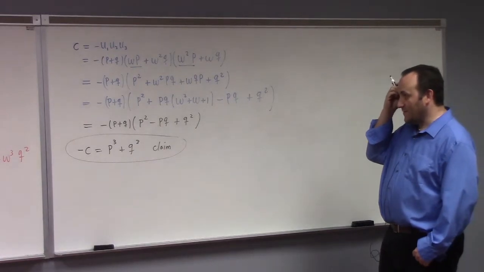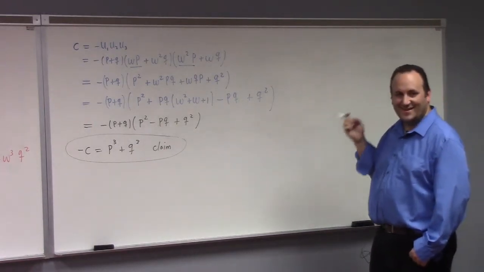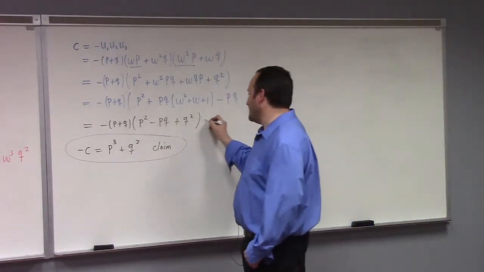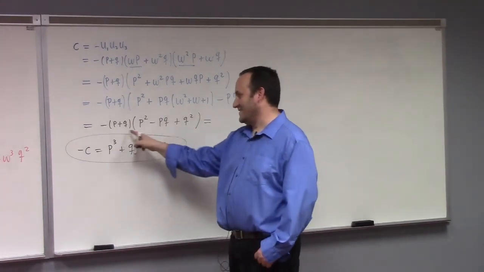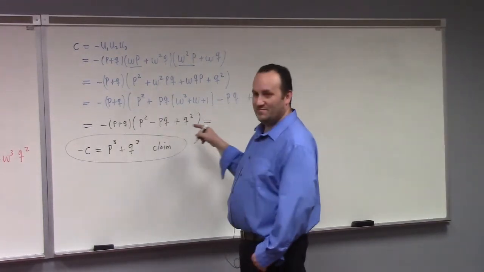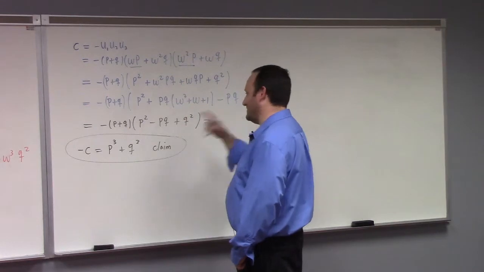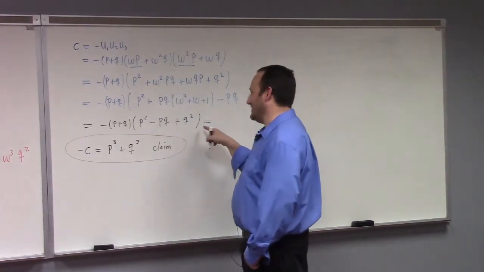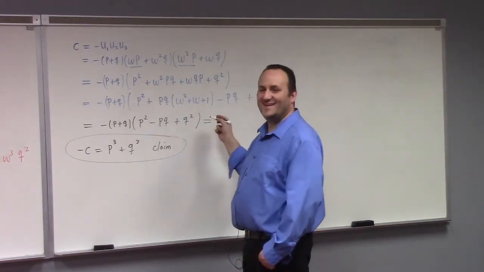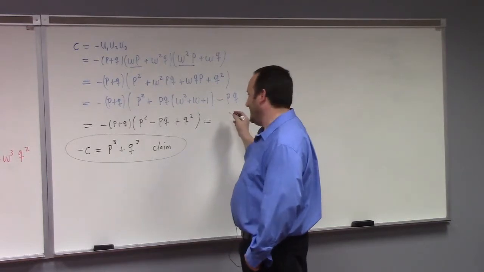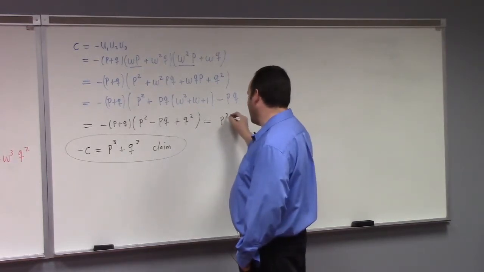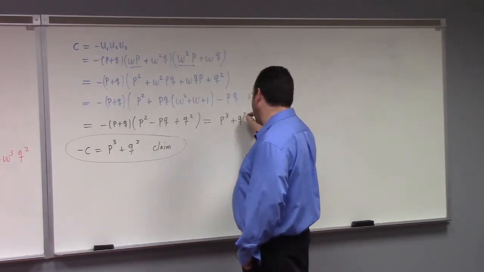Is it just a matter of me multiplying? Am I almost there? I think it's just the special form trinomial that I'm supposed to recognize. I think the negative in front is what makes the C negative.